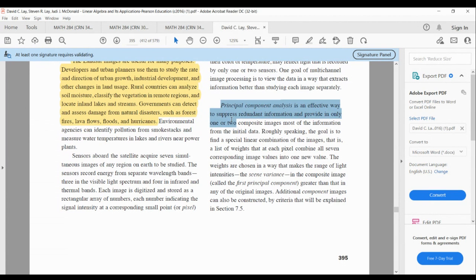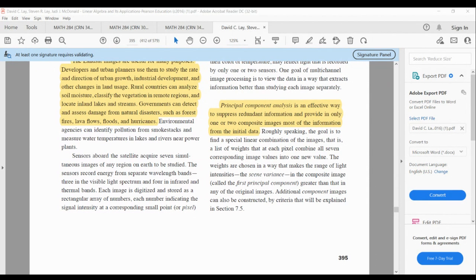If you go into the statistics field, certainly you will learn about principal component analysis. It's an effective way to suppress redundant information and provide images of most of the information from the initial data. And in order to do that, we need to understand the topics that come up in chapter 7.